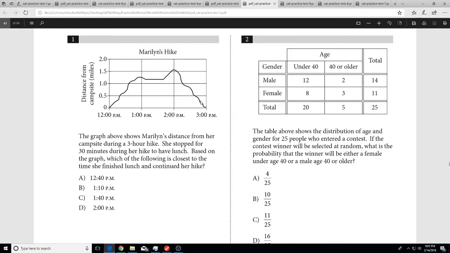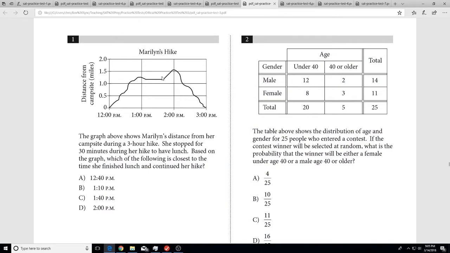So you need to know how to read this graph and what that means in the problem. Oh, but we see 110 and 140 right here. The question says, which of the following is closest to the time she finished lunch and continued her hike? Oh, she finished here and continued her hike about 140.